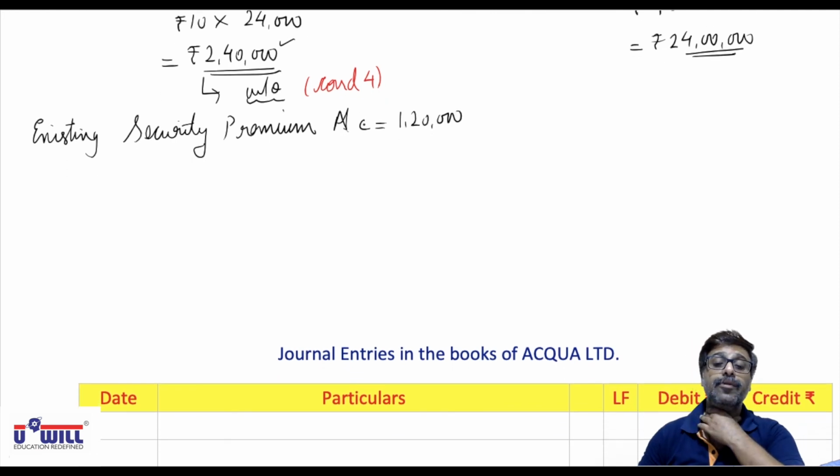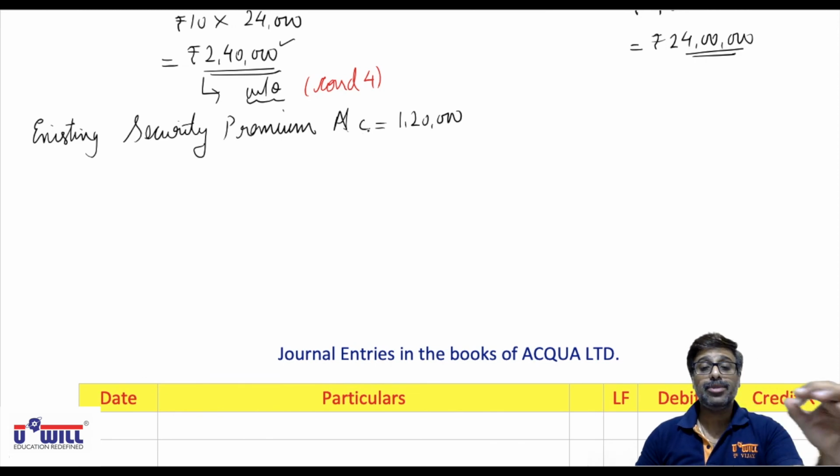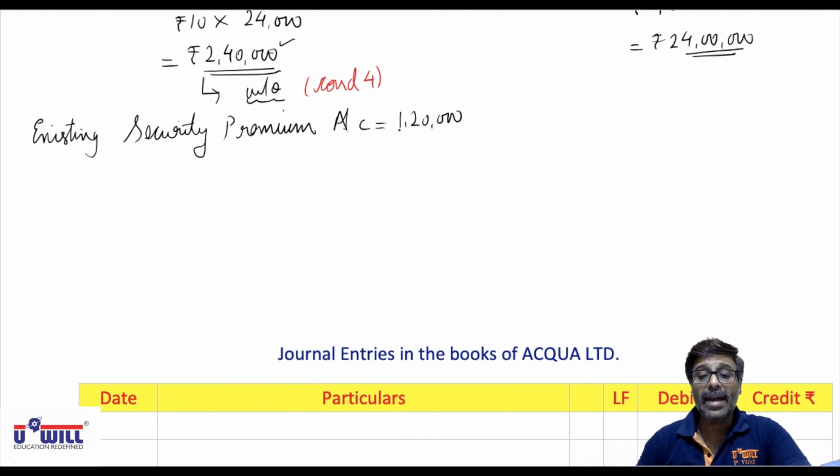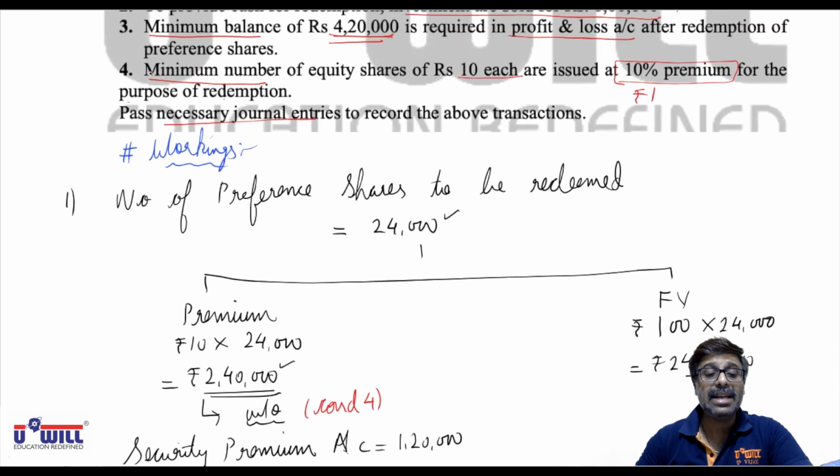Now what is condition 4? Premium on redemption shall be provided out of first priority security premium account, second priority profits of the company. So will we take the remaining 1,20,000 from the profits of the company? No, we won't take it. Why? Because the last adjustment, shares are issued at a premium.